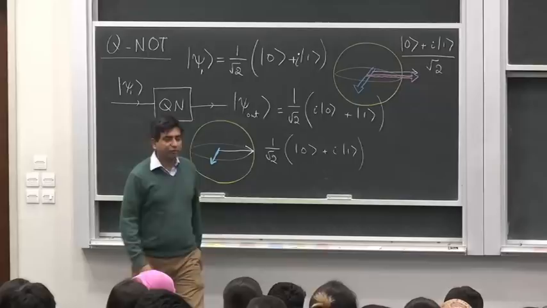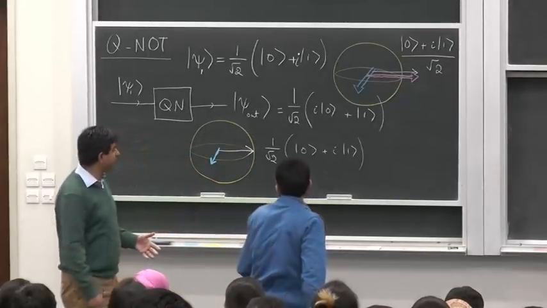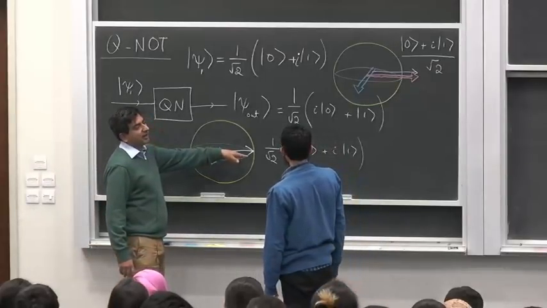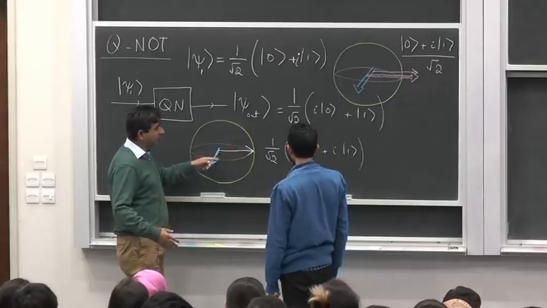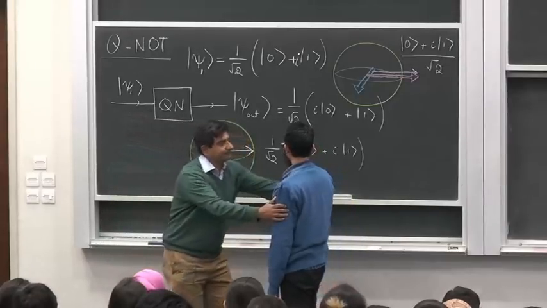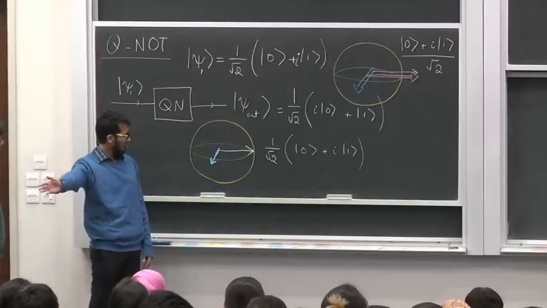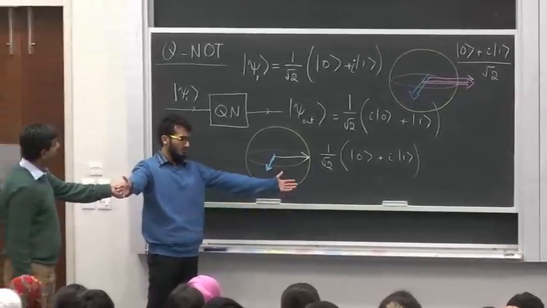Now, could you please come to the blackboard and describe to our class how this state is going to transform under a rotation of 180 degrees about this axis? Right, this is your state.